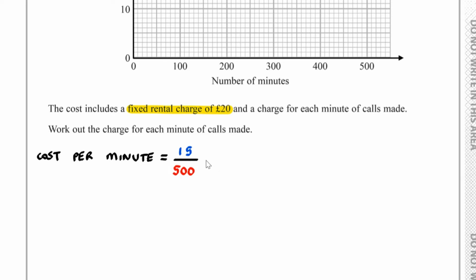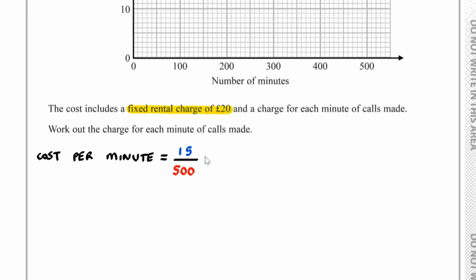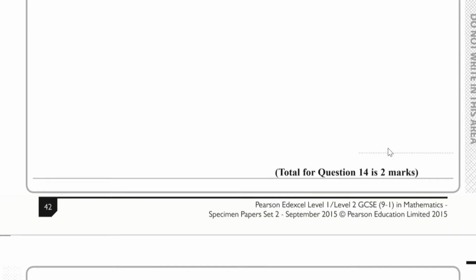So if I work this out, we get 0.03. So we get 0.03 pounds per minute for each minute. So that is 3 pence.